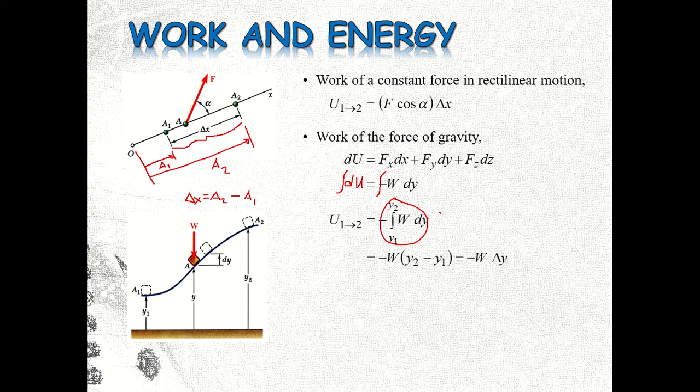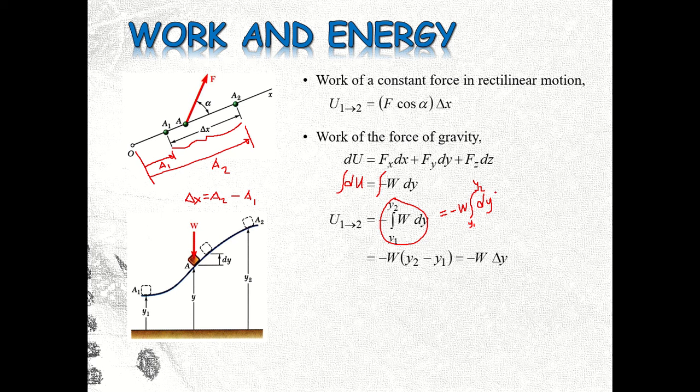Since the weight is a constant, you can isolate it and integrate dy. So we have minus W, then the integral of dy, with the limit from y1 to y2.